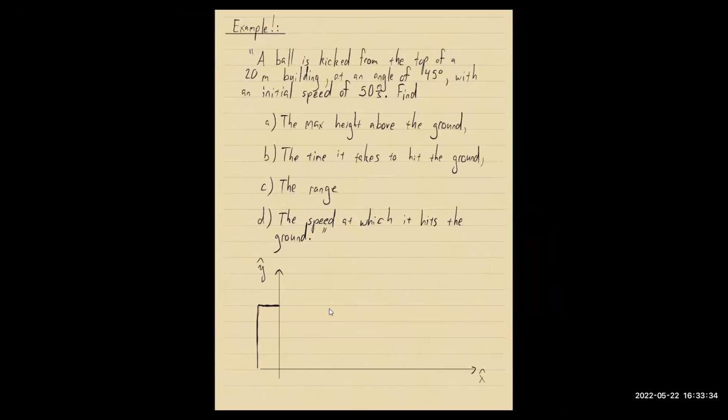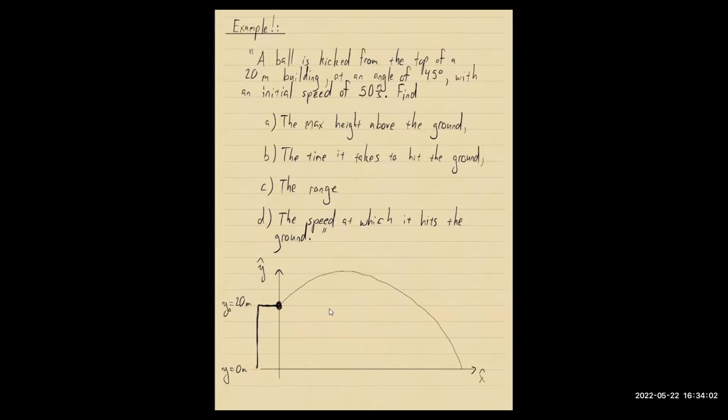Sorry, this is a building. Our ball is being launched from this point. This is at a height of 20 meters. We're going to say that 0 meters is the ground down there, right? So this ball is launched, is kicked, goes up and then down. It's like that.